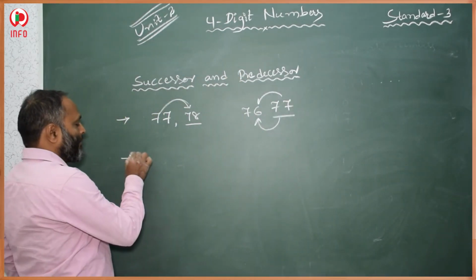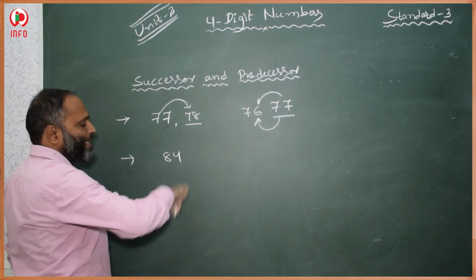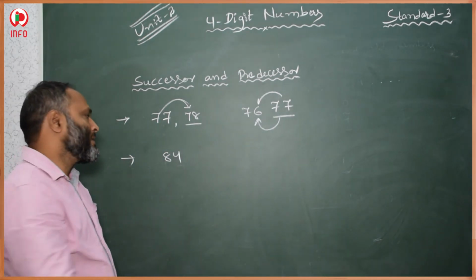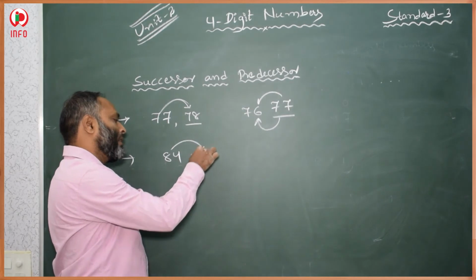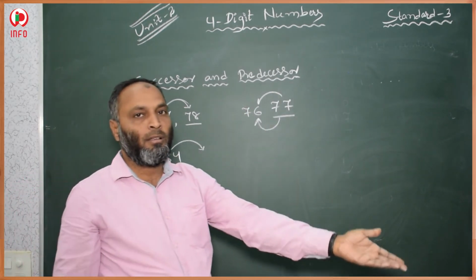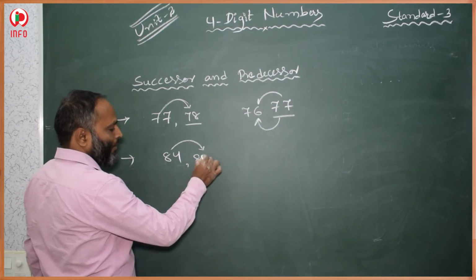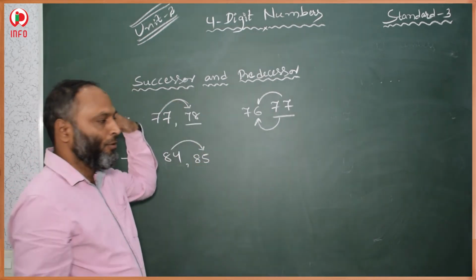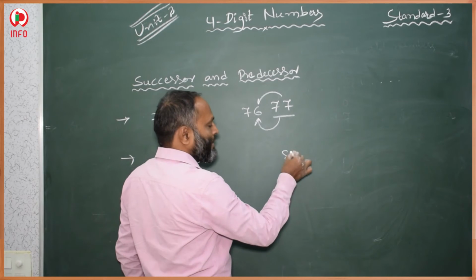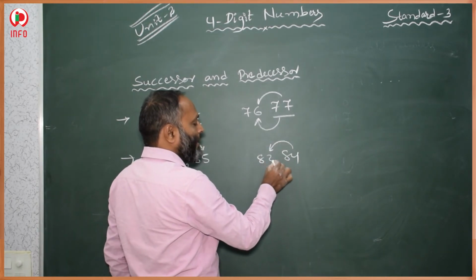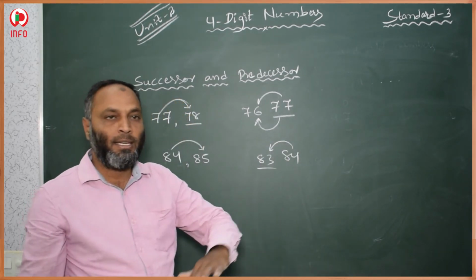In the same way, if 84 is given, what is the successor of 84? Successor means after the number, so after 84 comes 85. Predecessor means before. Which number comes before 84? That is 83. This is the successor and predecessor.